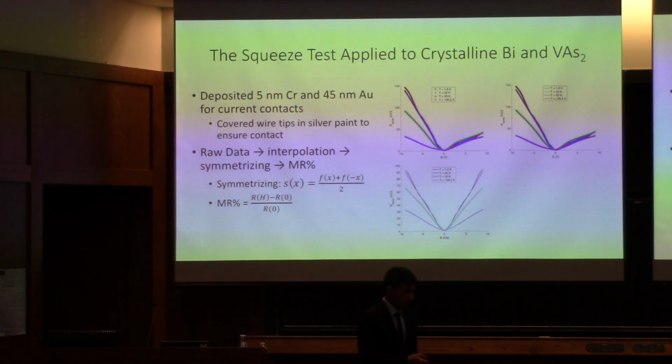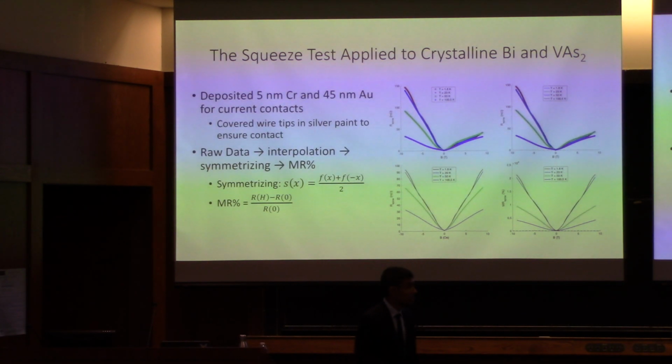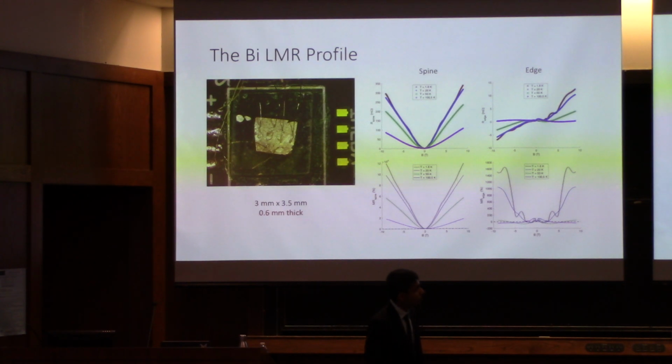And doing so symmetrized our data, as you can see over here, compared to this. And then once we symmetrized it, we converted our resistance to magnetoresistance, which is, as I said earlier, the percent change compared to zero field. So over here, in the case of bismuth, our first sample was a 3 millimeter by 3.5 millimeter sample and 0.6 millimeter thick.